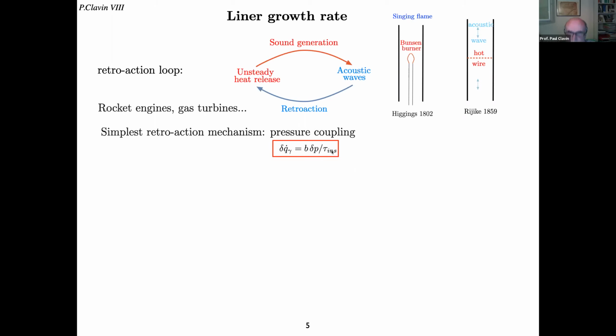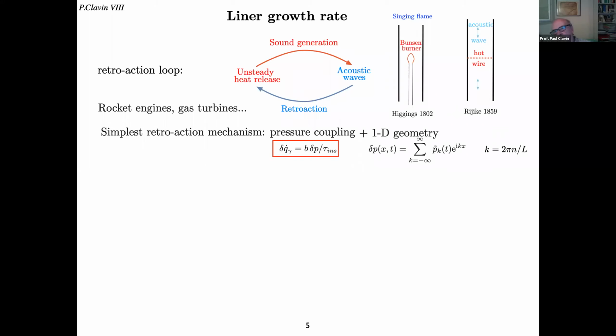And it turns out that when this term B is positive, this time that appears here for dimensional reasons is in fact the characteristic time of the instability.